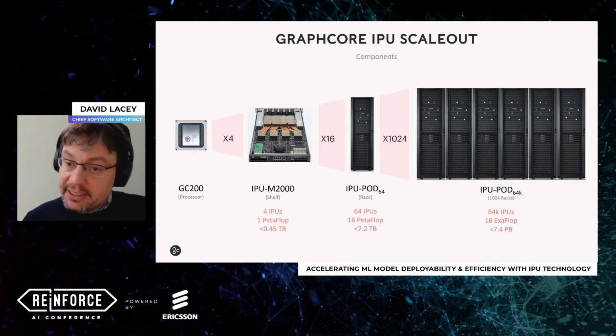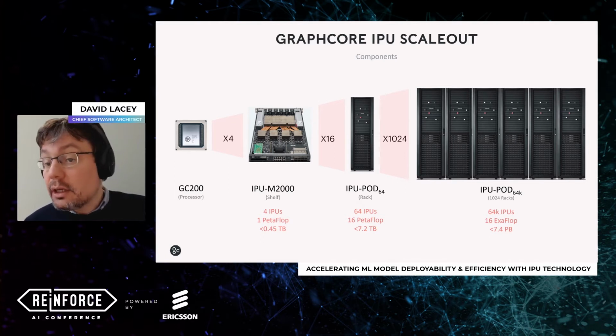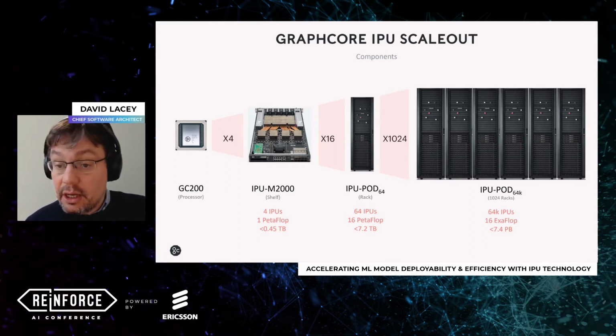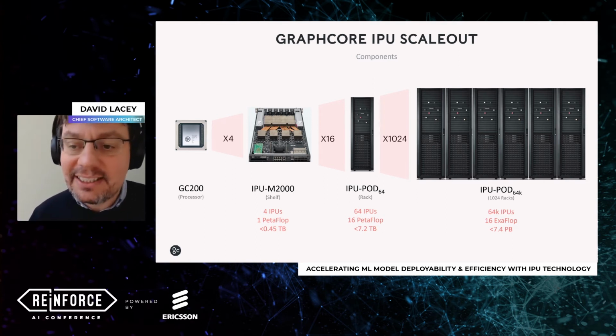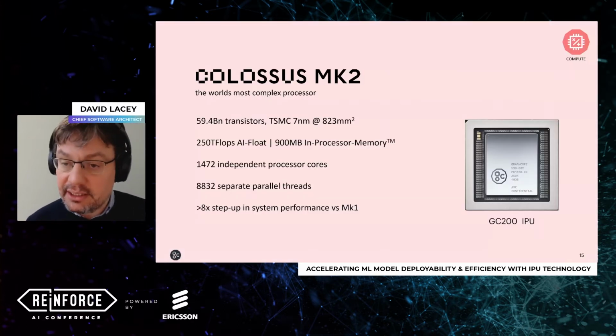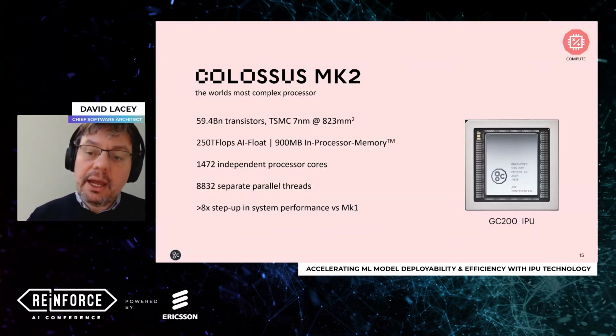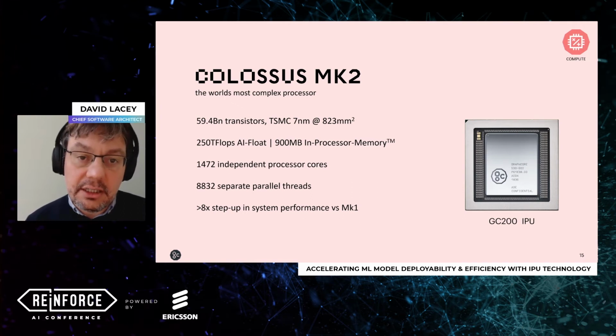Then we can put 16 of those together in a single rack, which is our POD 64 platform, which gives us 16 petaflops of compute. And then we can connect up to 1,000 of those together, potentially, to give us up to 64,000 IPUs, which, if you build a system that big, and no systems that big exist today, would be 16 exaflops of compute.